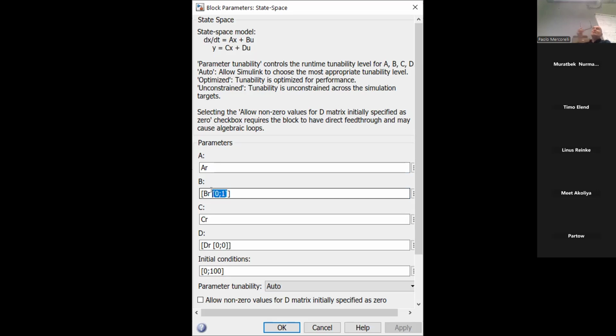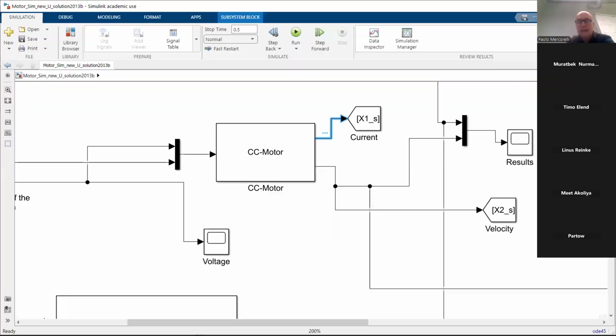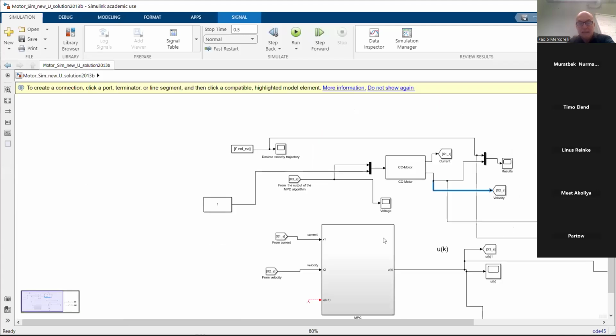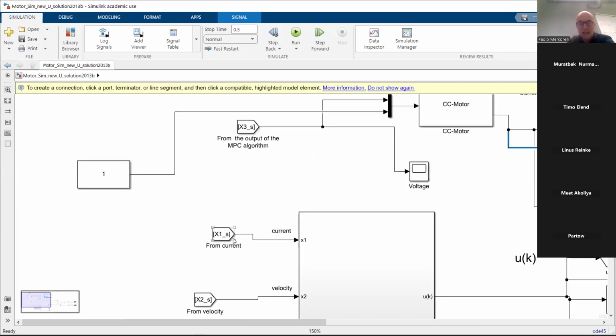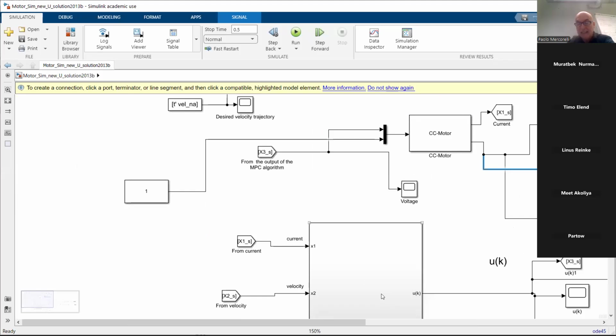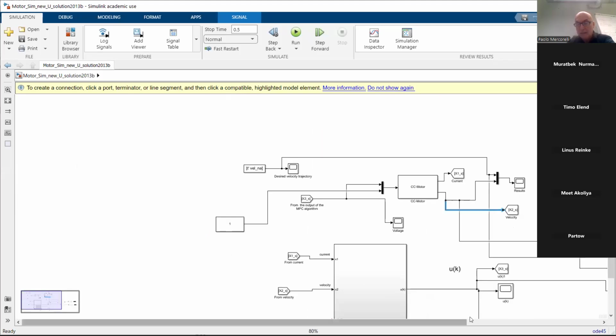You remember I told you the scheme is also suitable in the presence of disturbances. Let me share again here. We can see that I measure both this and this in order to predict, and these two elements, current and velocity, go here inside. Let me show you better.